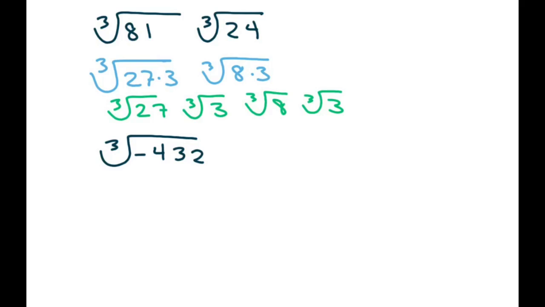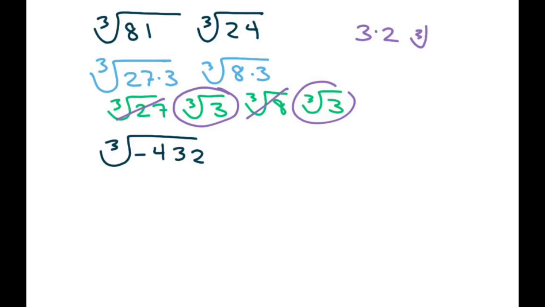The cube root of 27 is just 3, and the cube root of 8 is just 2. You can multiply these two together, so that would be the cube root of 3 times 3, and what you're left with is 6 times the cube root of 9. You can't pull the 9 out because it's not a square root, it's a cube root.